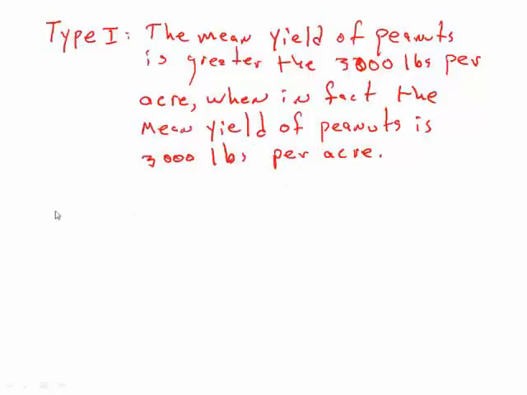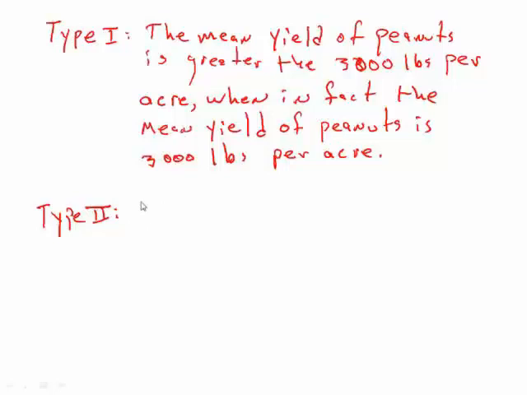The type 2 error is when we fail to reject the null hypothesis. The null hypothesis was mu equals 3,000 pounds, when in fact the mean yield is greater than 3,000 pounds.